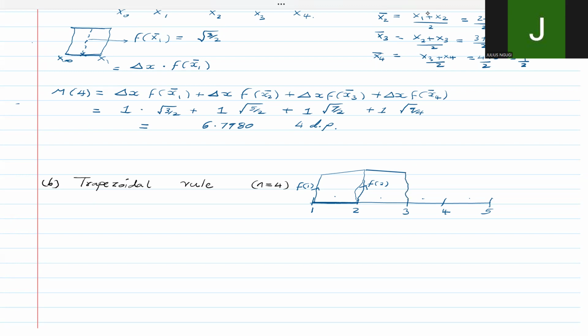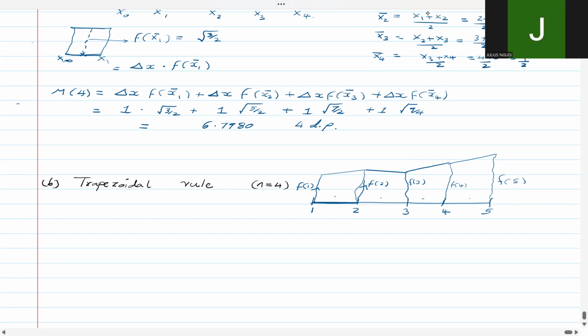This is another trapezium of that form. This will be f at 3. Another trapezium, f at 4. And finally, another one here. My diagram is not that clean, f at 5.